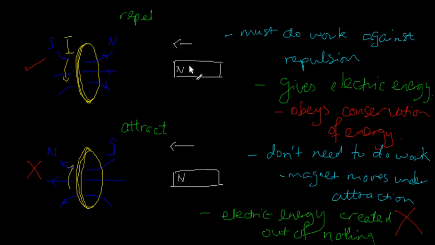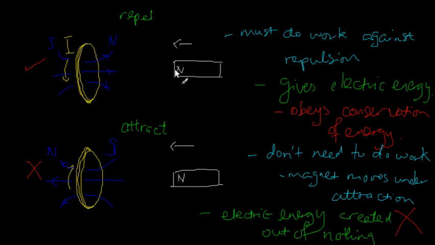So in this example, I've talked about having a north pole pointing in this direction and pushing it towards the loop. I could also turn the magnet around and have a south pole here instead. And when I push the south pole towards this, I can use the same idea.